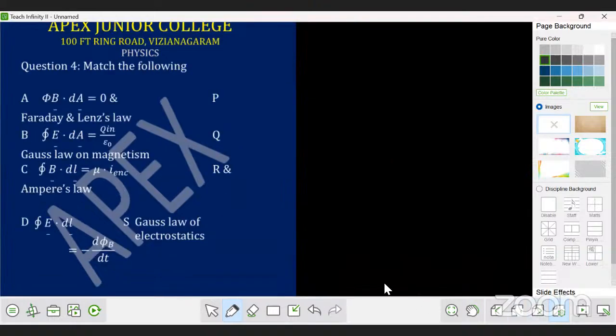All of you see the question. Some equations are given and you have to match them with the names of those equations. That's it.